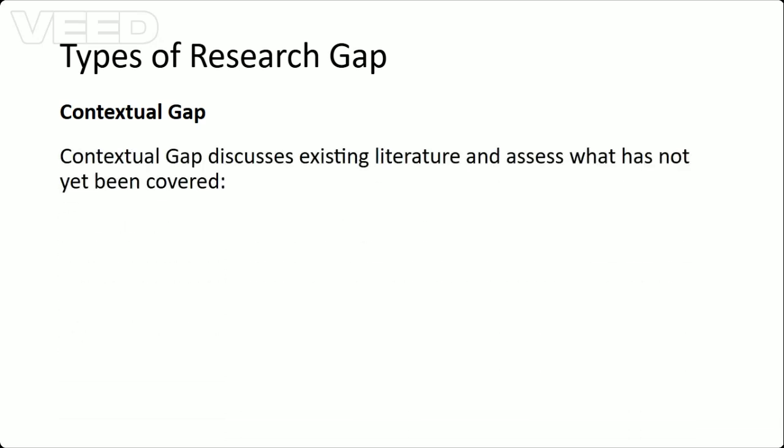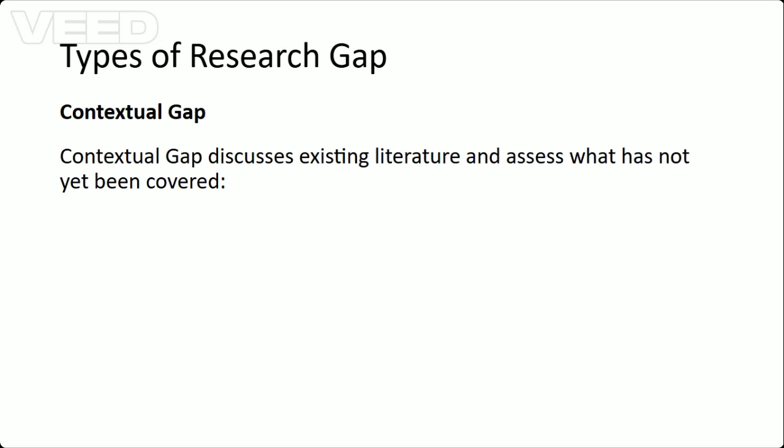So under contextual gap, or what is contextual gap? Contextual gap discusses existing literature and assesses what has not yet been discovered or covered, let me put it that way. So under contextual gap, you are going to discuss the existing literature in a different context from what is there.